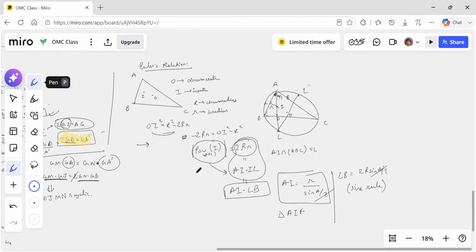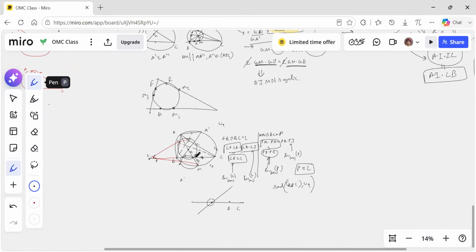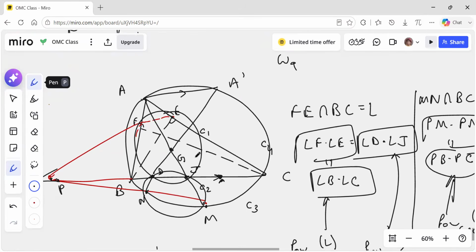Okay, so I think I'll stop here now. Do you guys have any questions? Oh, okay. Projective, can someone tell me what they had in mind? I know that this will be done using projective, but I did not do it myself.